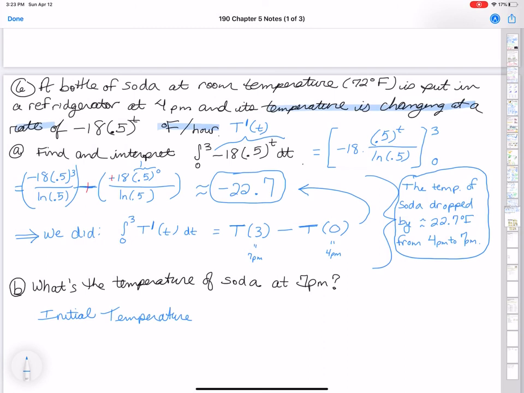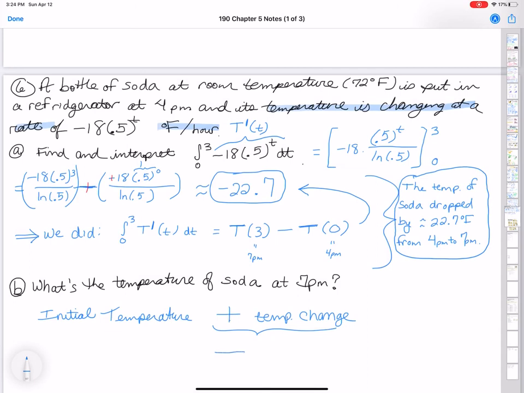and then it's going to be minus the temperature change. I mean, really, it's plus the change in temperature, which happens to be negative because it does decrease. It got put in a refrigerator.